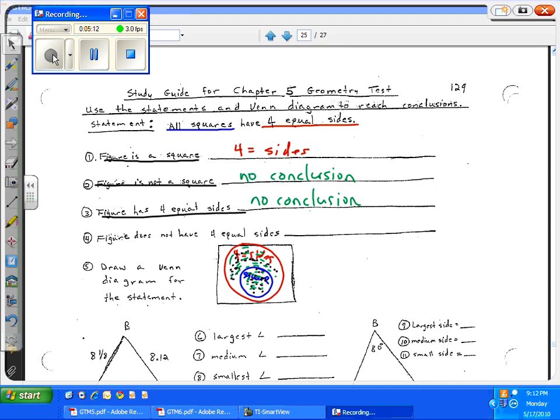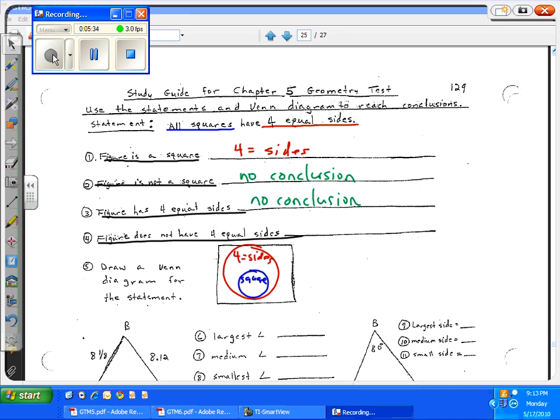All right. Well, here we go again. This time it says it does not have four equal sides.